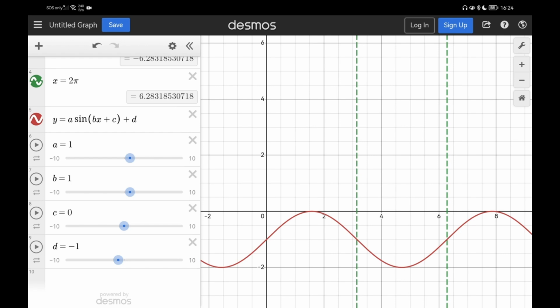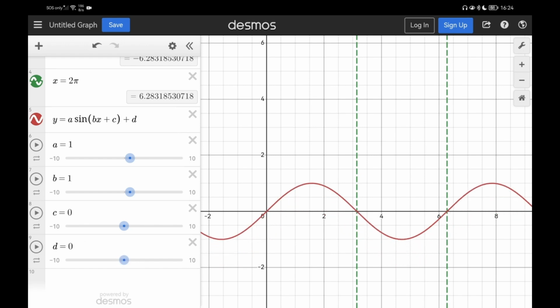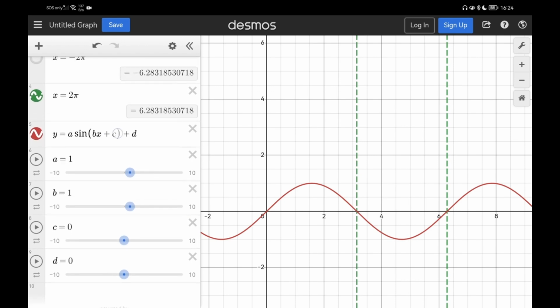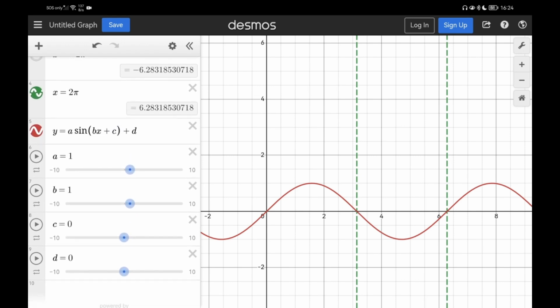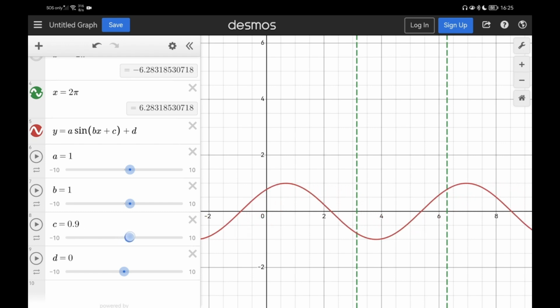So let's describe the x transformation and see. The x transformation means x plus c, right? As I point over here. So if you move the c, let's say I move to 1, it means the sine graph moves to the left hand side.